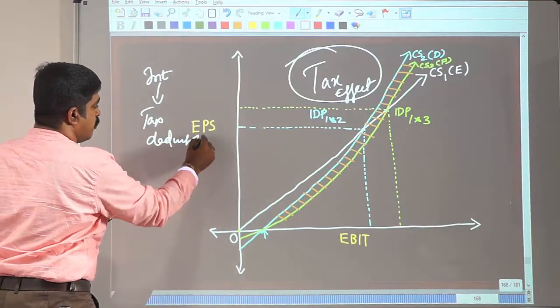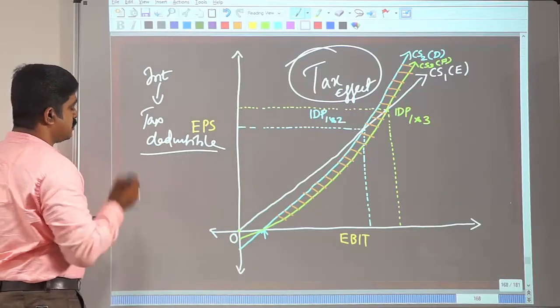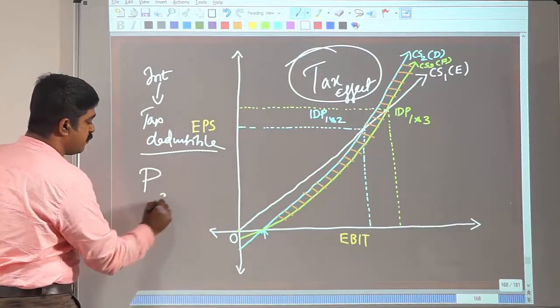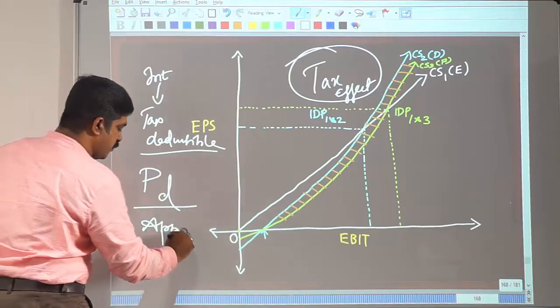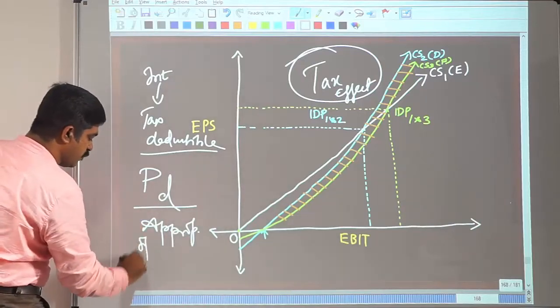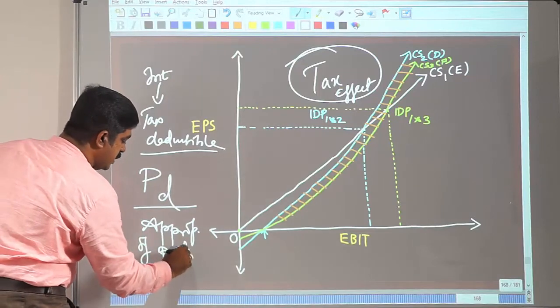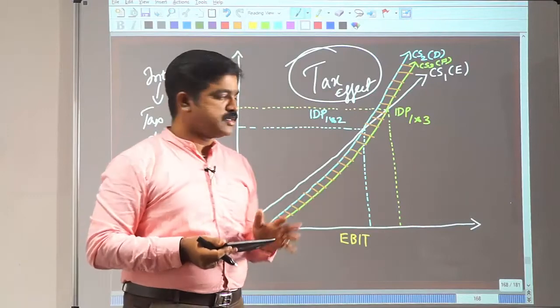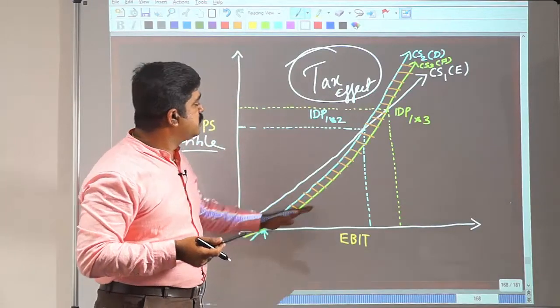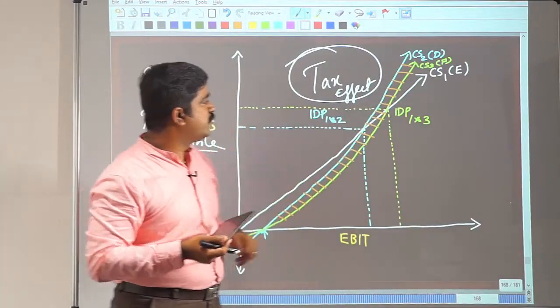But if you pay something in the form of preference dividend, it is basically an appropriation of profit, and it does not entitle you to any deduction in taxes. So because of that reason, debt is always superior to the preference share capital.